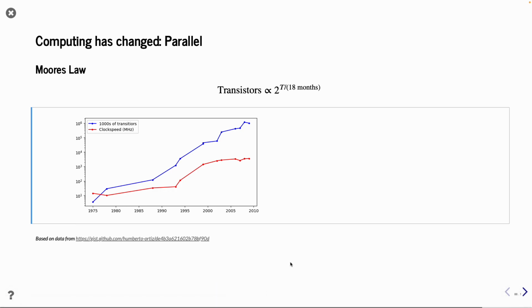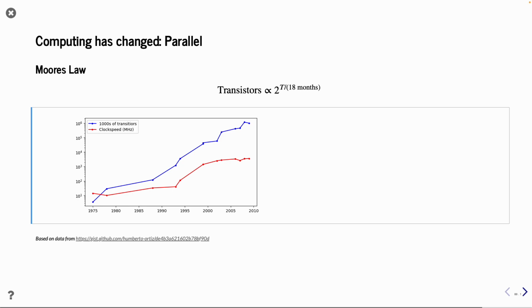What describes the development of CPUs is Moore's law, and that is that the number of transistors doubles every 18 months. And it still does, but the problem is that the clock speed has slowly tapered off, landing around 3.5 gigahertz, and they never get faster.